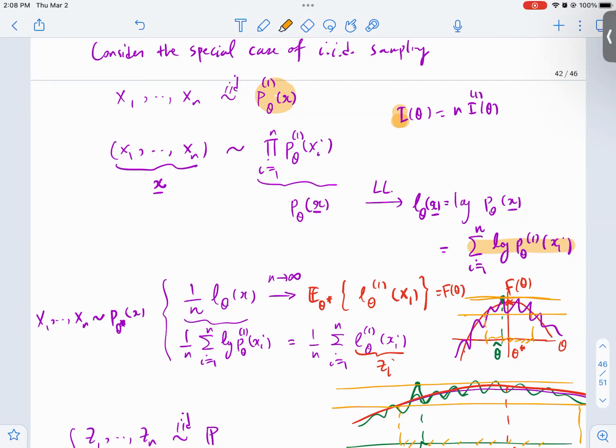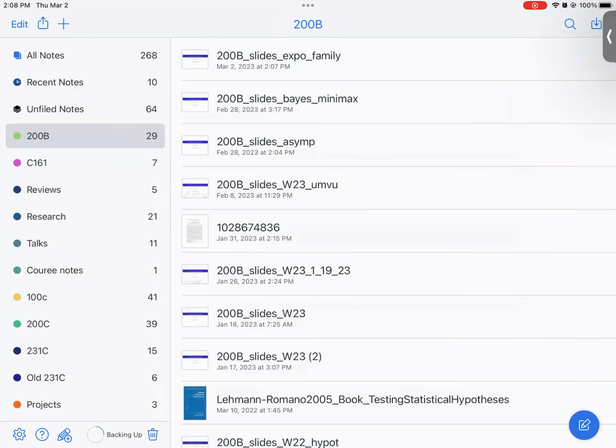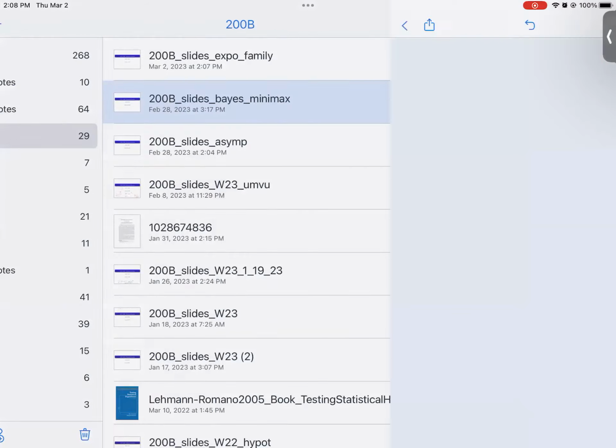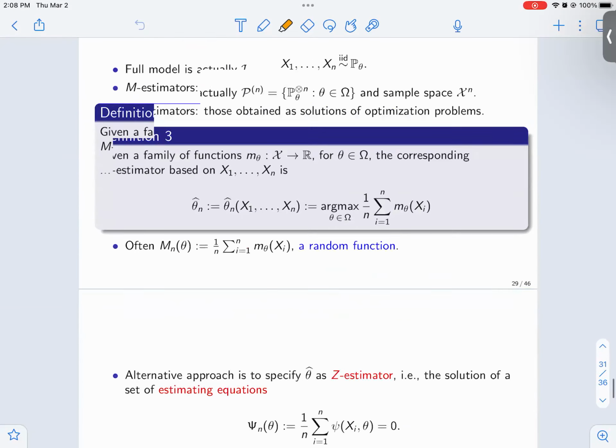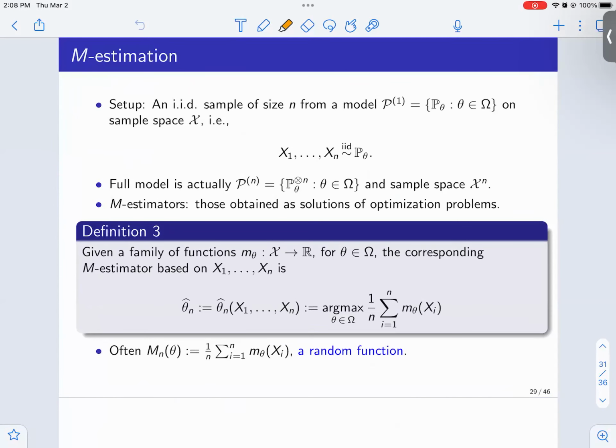Okay, so we're in that setting, and I want you to keep this setting in mind. Let's now go back and see if I have the same setting here. So that's the setting that you're looking at.